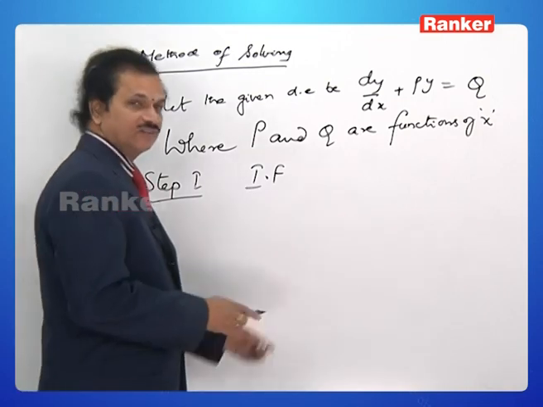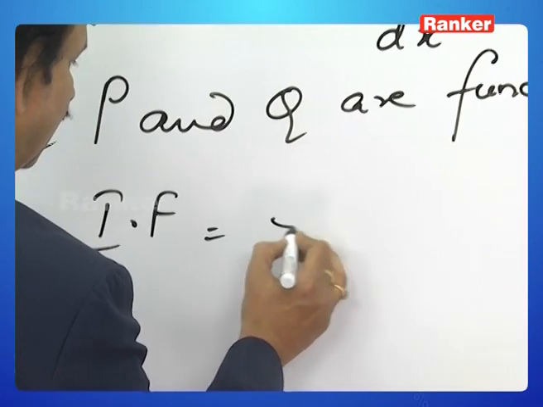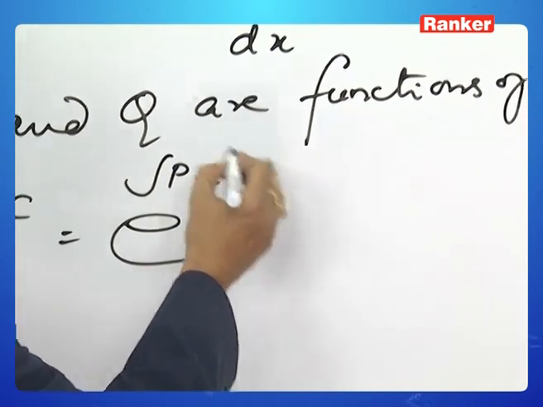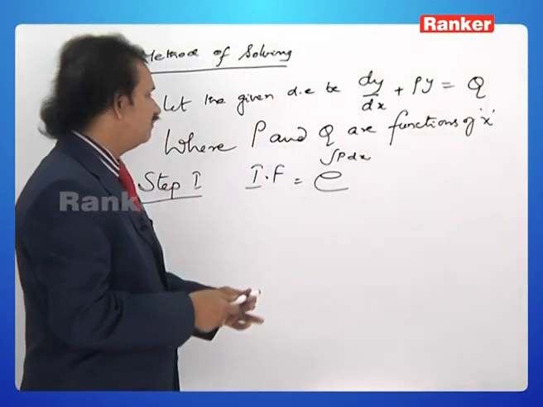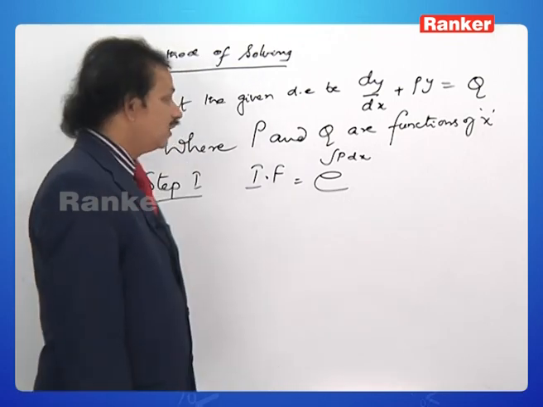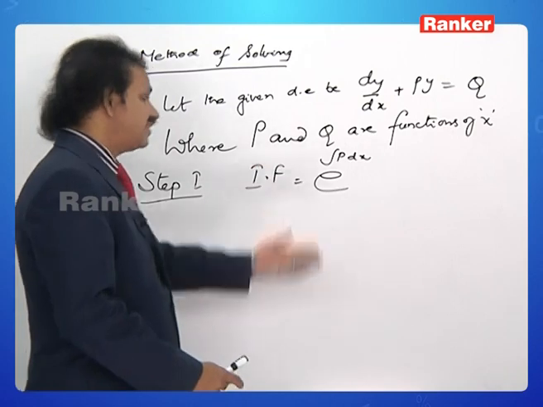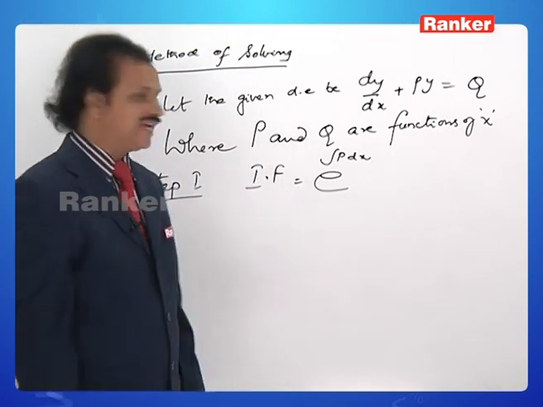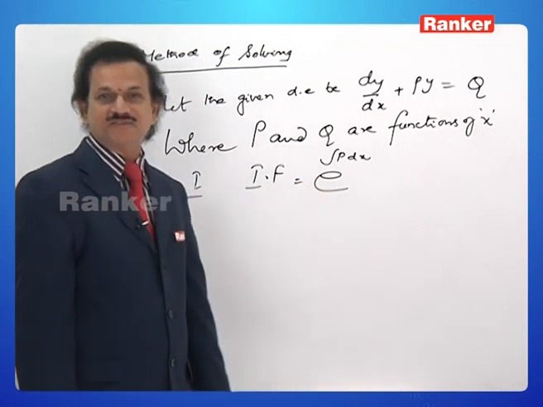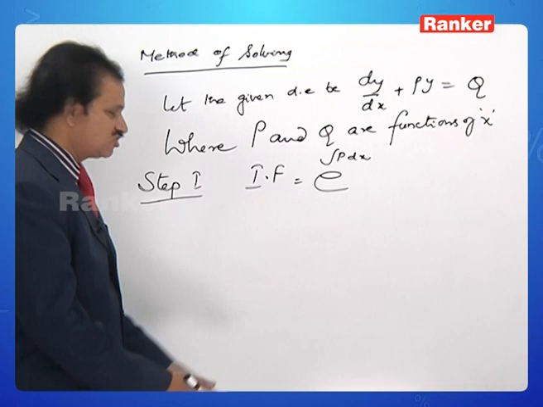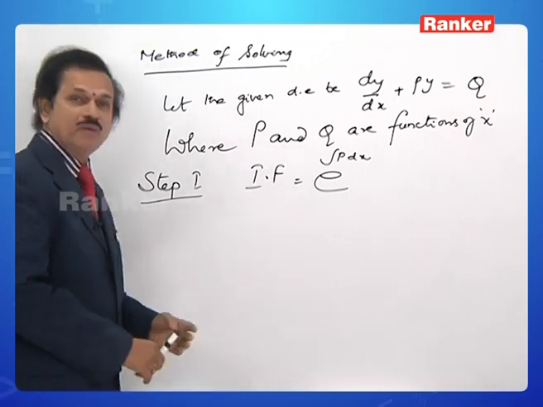Integrating factor is equal to e power integral P dx. E power integral P dx. What is the reason behind that? There is a very simple proof to estimate that IF. We shall look at it within 1 or 2 minutes. Let us now completely know the method of solving.